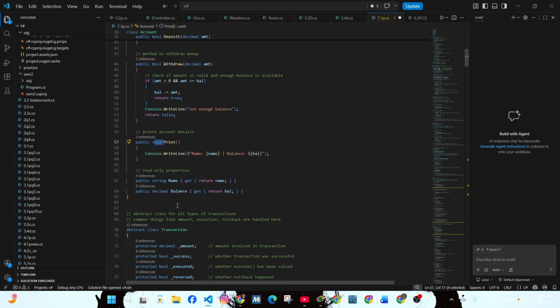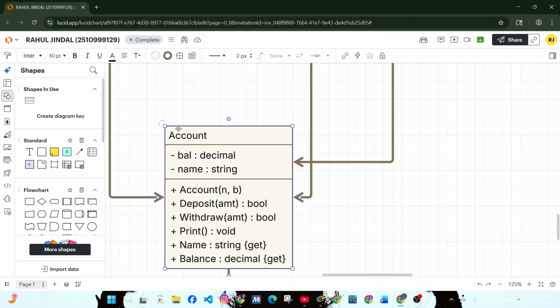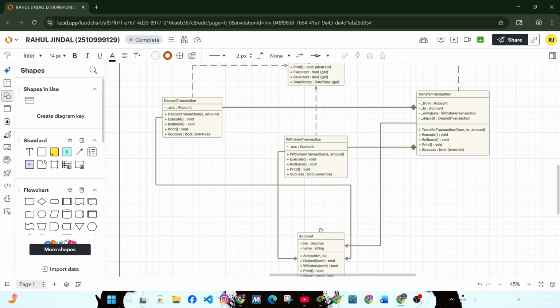And then as you can see, the transaction class is abstract in the UML, and it is also written as this abstract class transaction in the code.